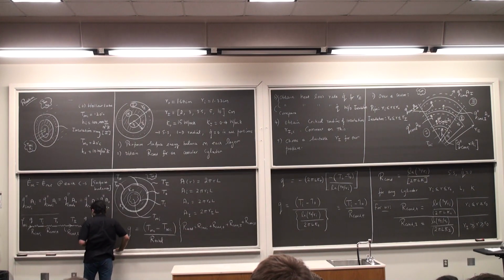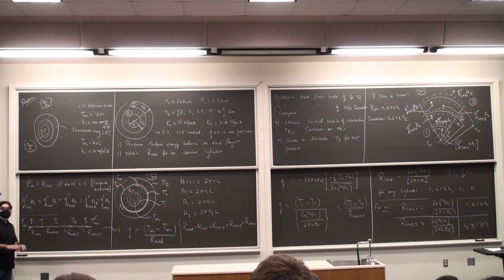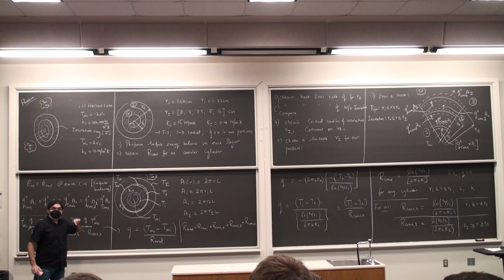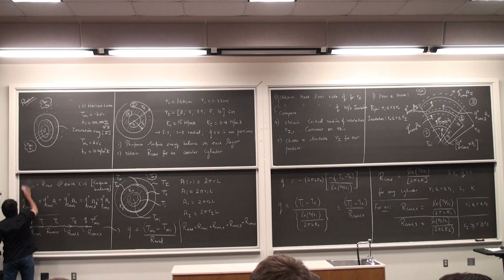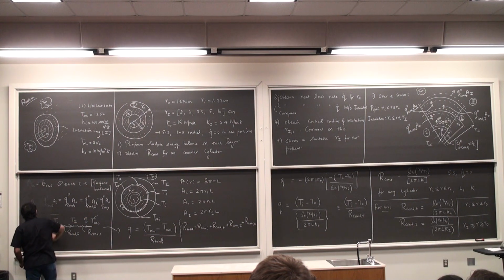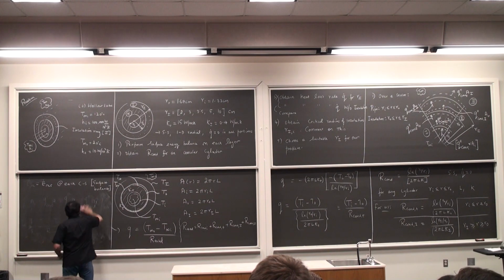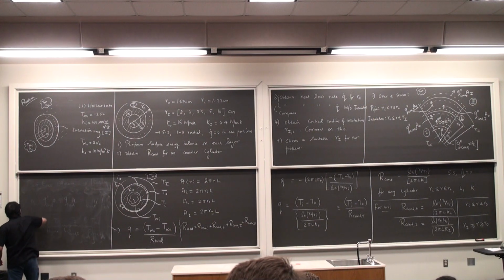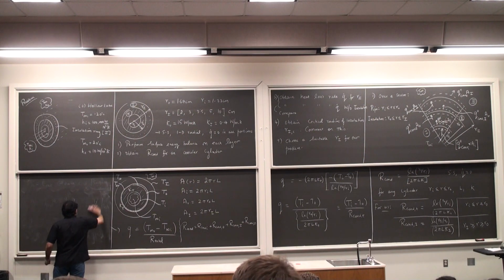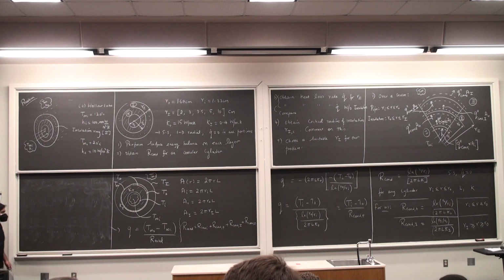Alright. I'm going to go to our problem here. Okay, so this is what we had. This is the equation that we have. I'm going to erase this side. So I'm now going to write the entire problem in terms of its variables.